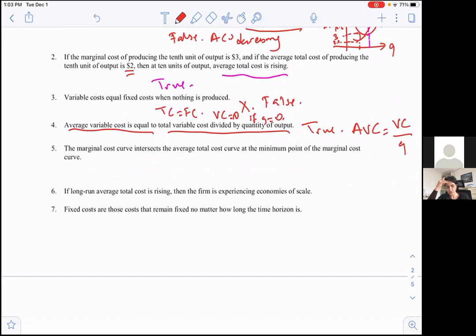The marginal cost curve intersects the average total cost curve at the minimum of the marginal cost curve. No, at the minimum of the average total cost curve. False. They intersect at the minimum of the average total cost curve.